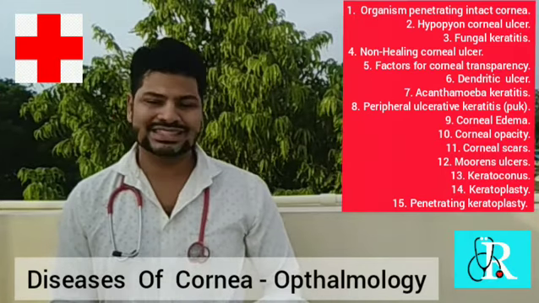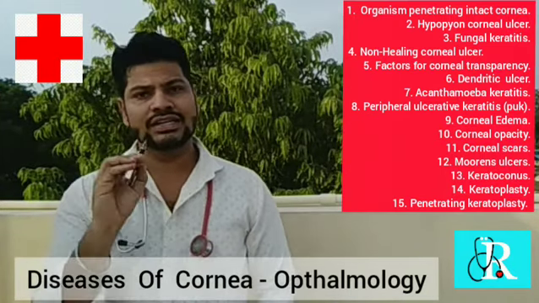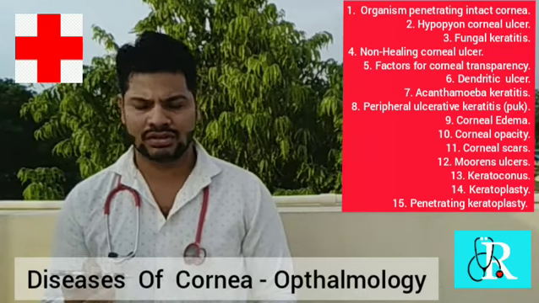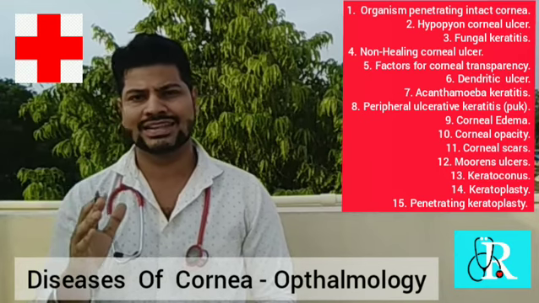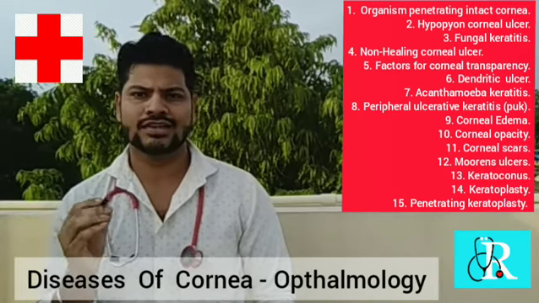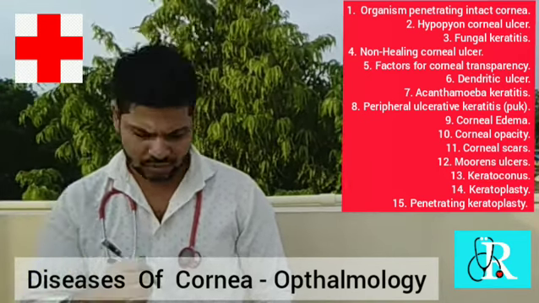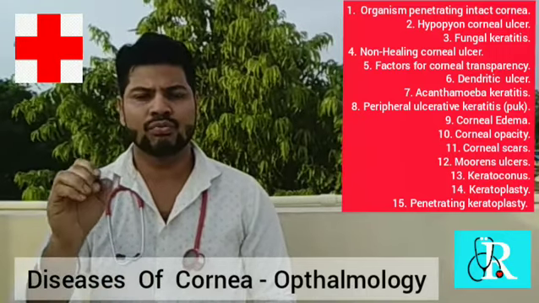Now, what is Moran's ulcer? Moran's ulcer is a kind of peripheral ulcerative keratitis, but here only the cornea is involved and the sclera is bare. Only the corneal collagen gets affected by the autoimmune antibodies. It is also abbreviated as MU.